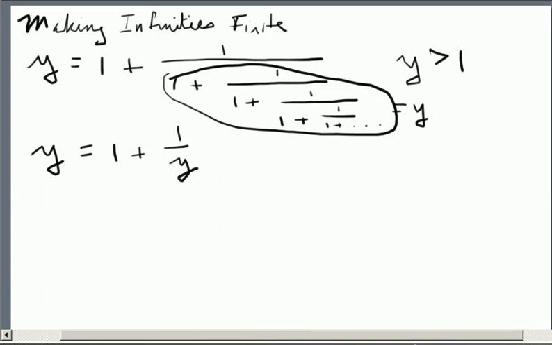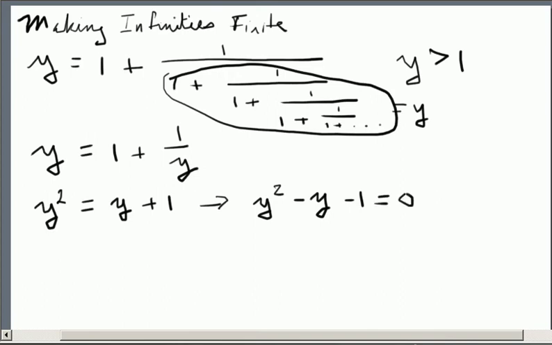Now that doesn't look nearly as intimidating as the original expression. So we can write this by clearing the denominator as y squared equals y plus 1, or that gives you y squared minus y minus 1 equals 0.